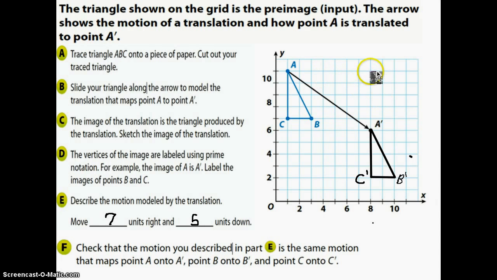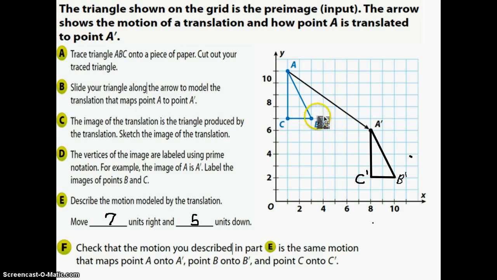And I'm moving 1, 2, 3, 4, 5 units down. So not only do I move A prime like this, I take C, 1, 2, 3, 4, 5, 6, 7, 1, 2, 3, 4, 5, and I get the C prime position.